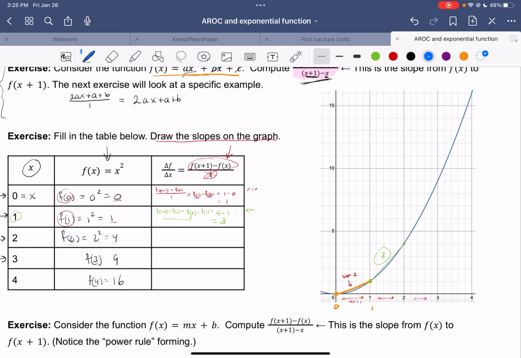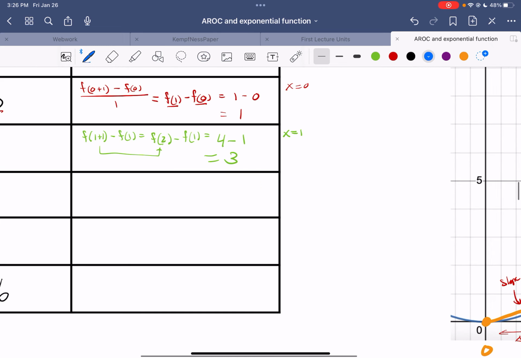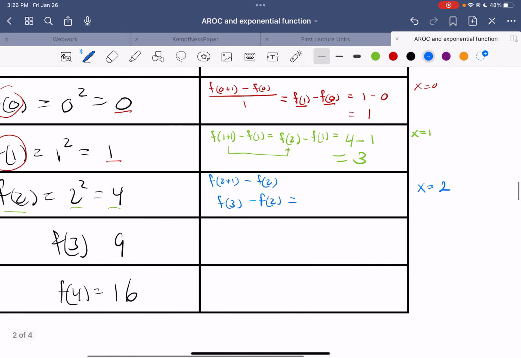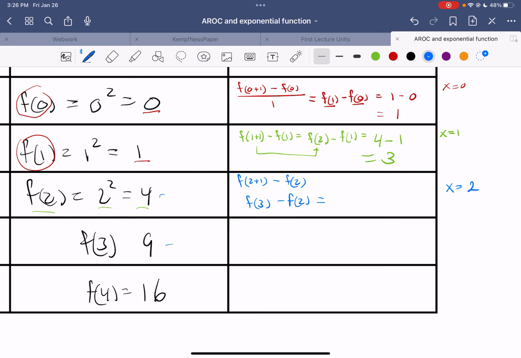Okay, let's do another one. So now we're at the row where the x value is 2. So our formula is f of 2 plus 1 minus f of 2. And that's better known as f of 3 minus f of 2. And that's better known as 9 minus 4.